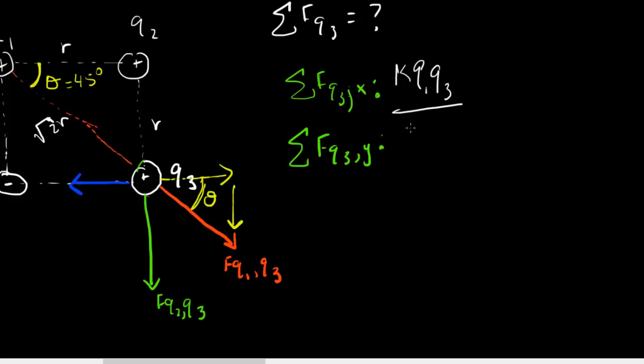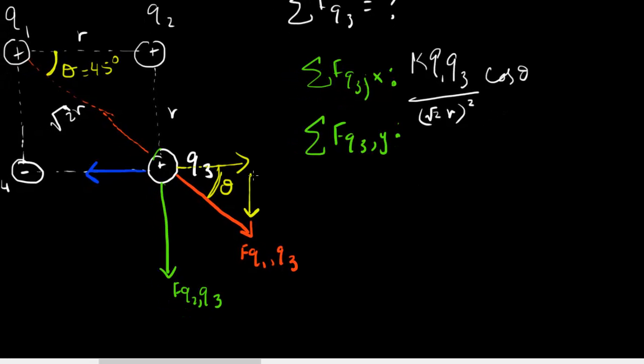So square root of 2 times r squared, times cosine theta, which is 45. And the other component in the x direction is the force between q3 and q4, and it's pointing in the opposite direction, so there's a minus sign here: minus k q3 q4 over r squared. So this is the force in the x direction.